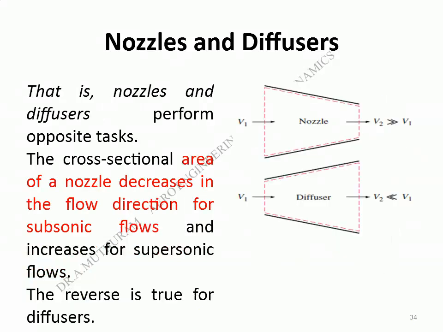Nozzles and diffusers perform opposite tasks. The cross-sectional area of a nozzle decreases in the flow direction for subsonic flows and increases for supersonic flows. The reverse is true for diffusers.